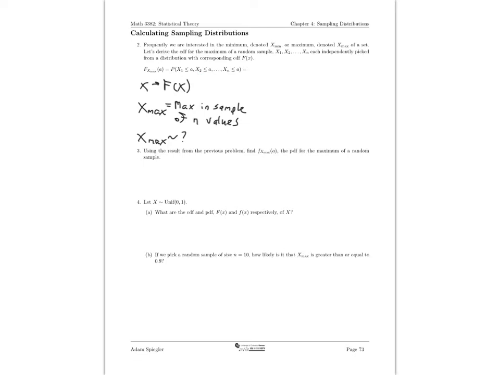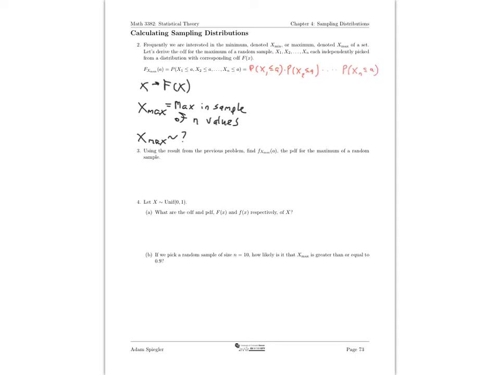And because we're picking independently, each value of x that we pick is independent of the previous one, so we can calculate this probability by taking the probability that x1 is less than or equal to a, times the probability that x2 is less than or equal to a, all the way up times the probability that xn is less than or equal to a.